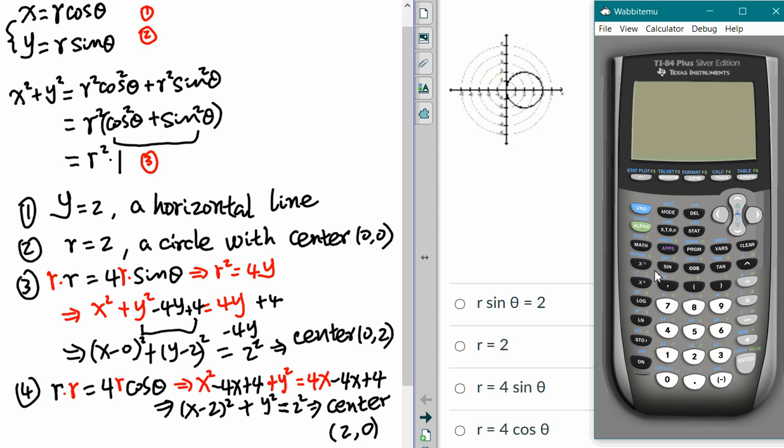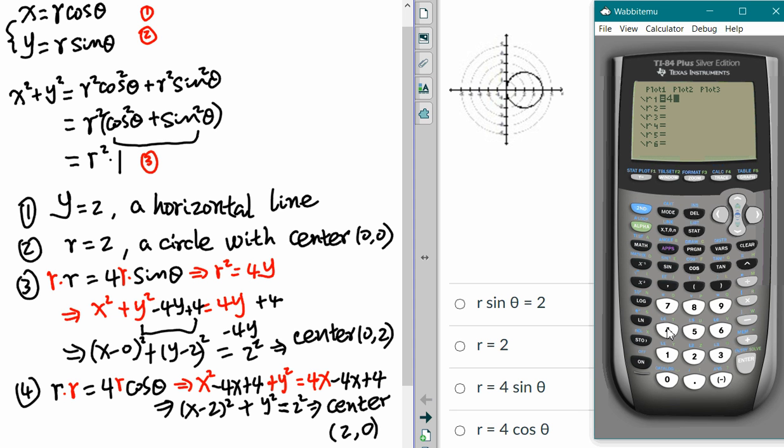By the way, since you have the calculator, how are you going to graph this one? When you turn on your calculator, you do mode and move your cursor down to polar and hit enter. Then when you click back to y equals, it's going to be r equals.